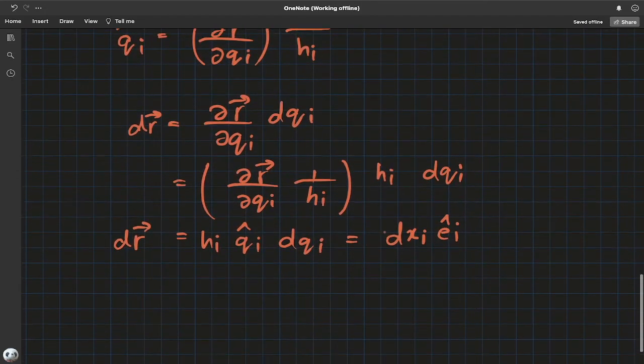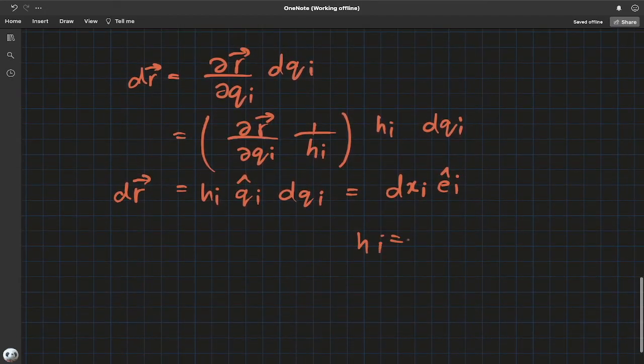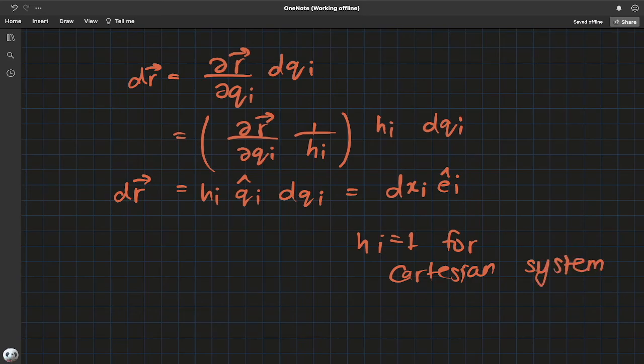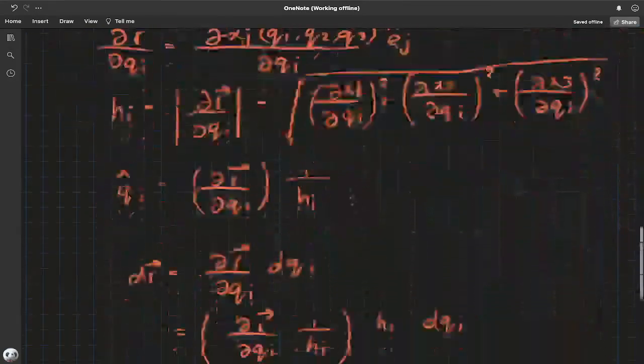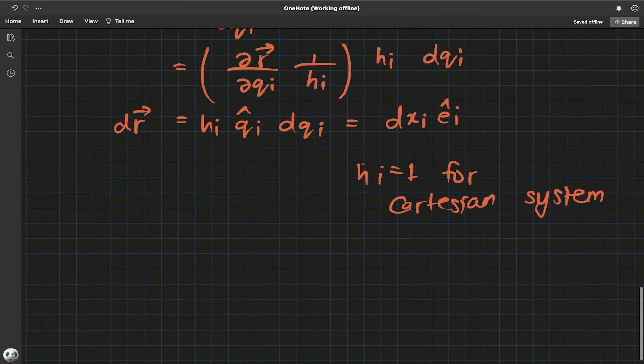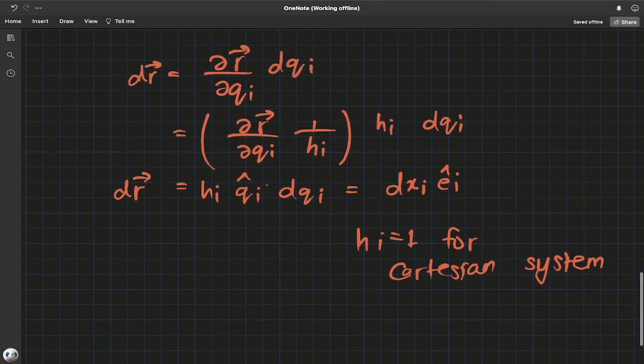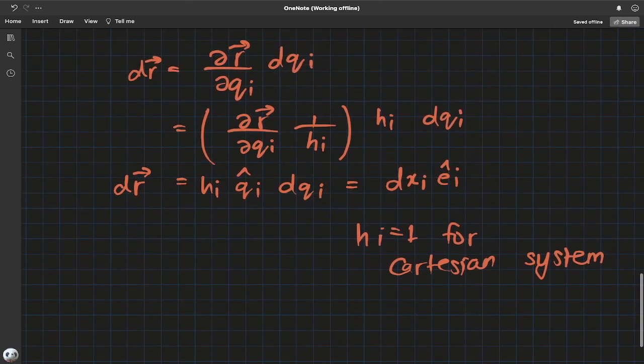So scaling factor is 1 for the Cartesian system. So you see this formula in the asterisk clearly makes sense. We did a sanity check with the Cartesian system. It clearly works for the Cartesian system. So it definitely makes sense. So this is how you convert between these two guys.